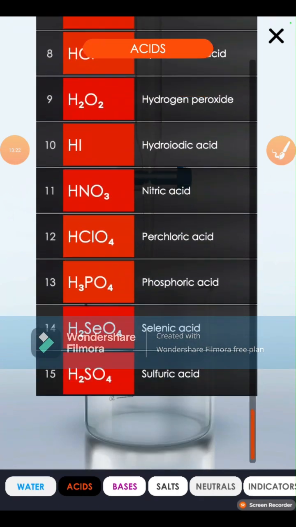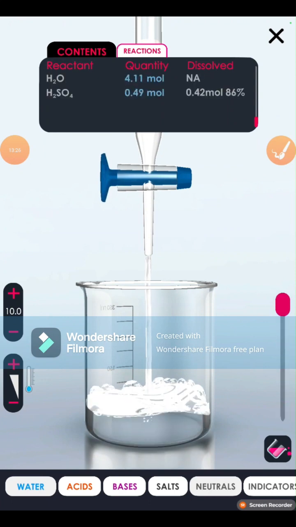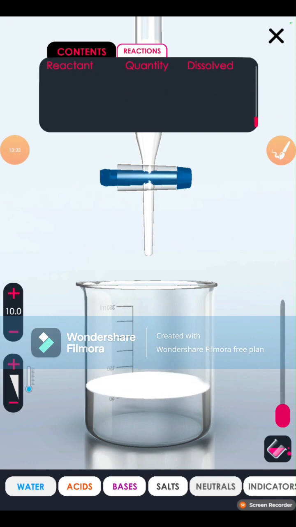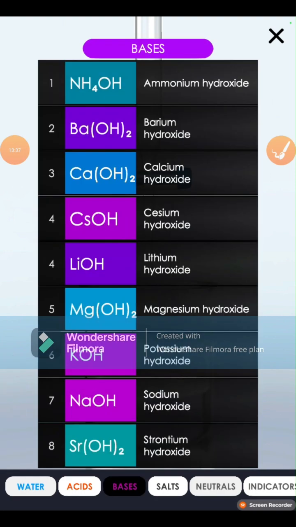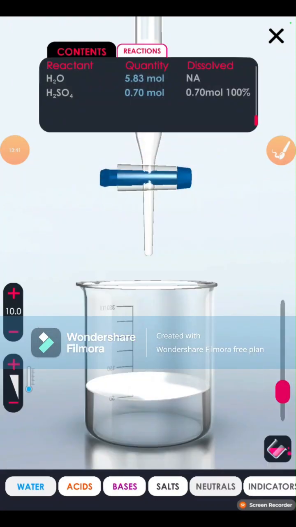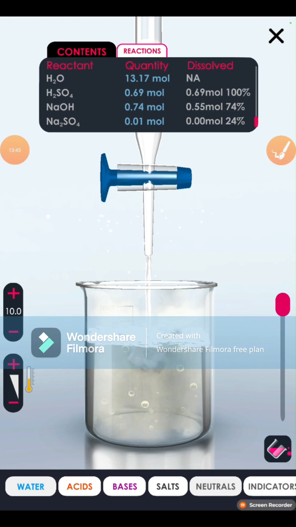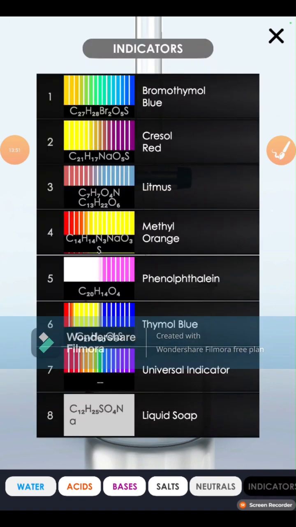So let me just put again the sulfuric acid along with it. And now let's put an equal quantity of base over here. So I'm going to put sodium hydroxide, which is a strong base. As you can see, I have put a lot of this base.